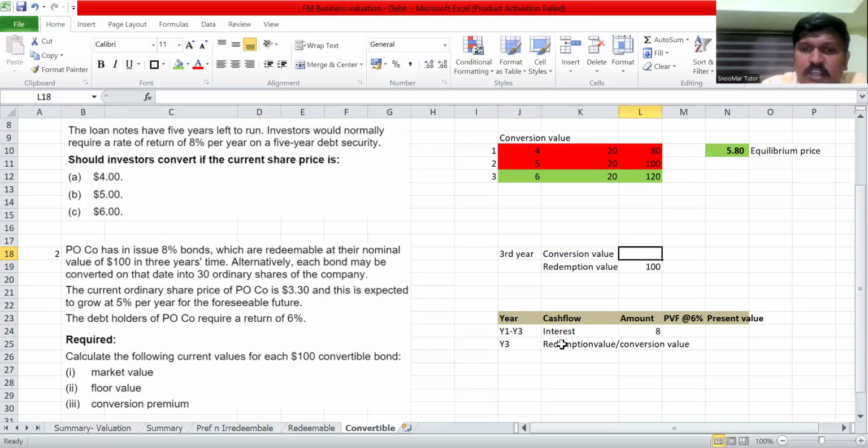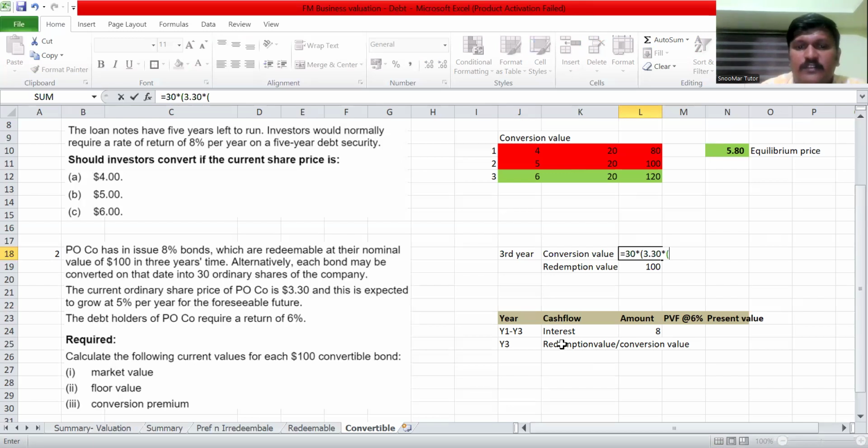But for conversion value, it is given in the question that you can convert every 100 into 30 shares. So 30 into the share price, which today is 3.30. That is not a problem, but this 3.30 is going to increase at the rate of 5% per year.